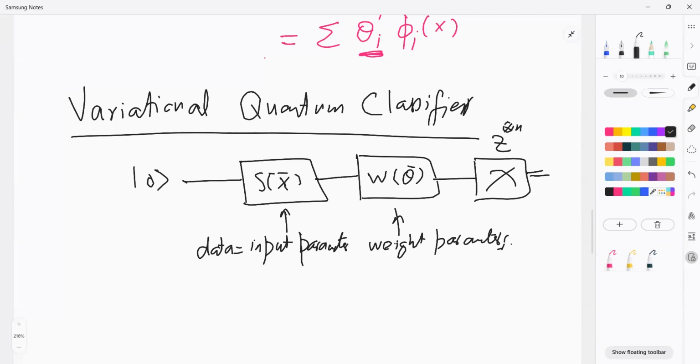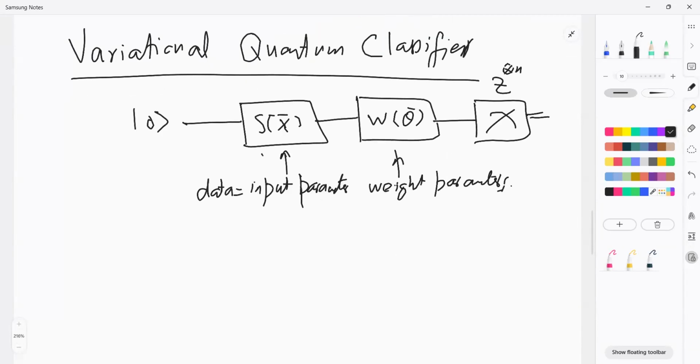Once we have encoding and ansatz, usually this is called a feature map, and this is many times called an ansatz, or sometimes we call this a quantum neural network, and sometimes we use the quantum neural network term for all of this. So you can also call this variational quantum classifier a quantum neural network, even though it's not exactly like a classical neural network, but it has some resemblance in that we have a network with trainable parameters.